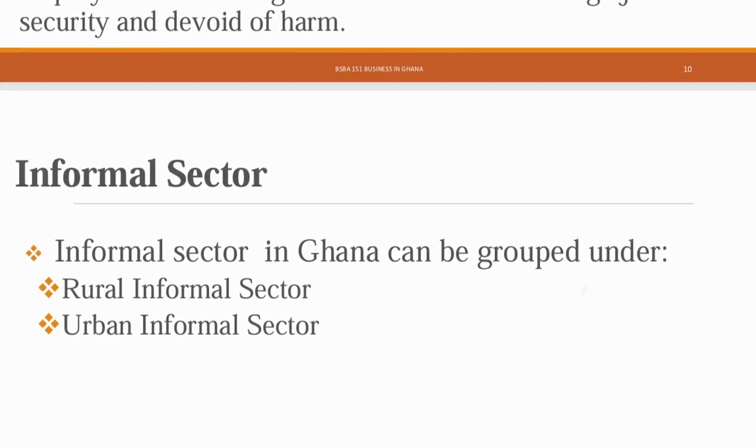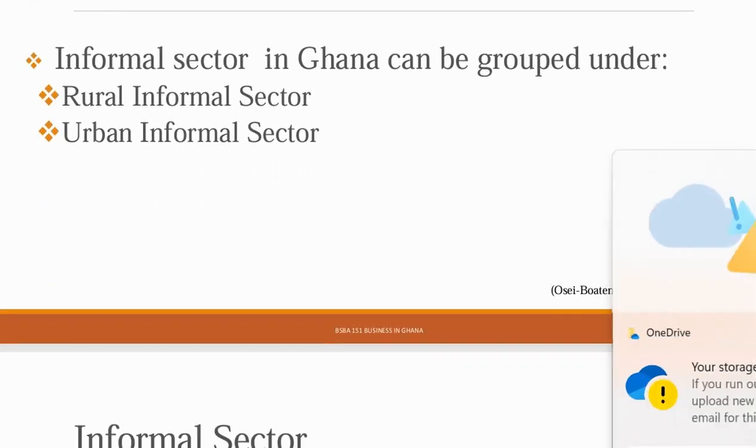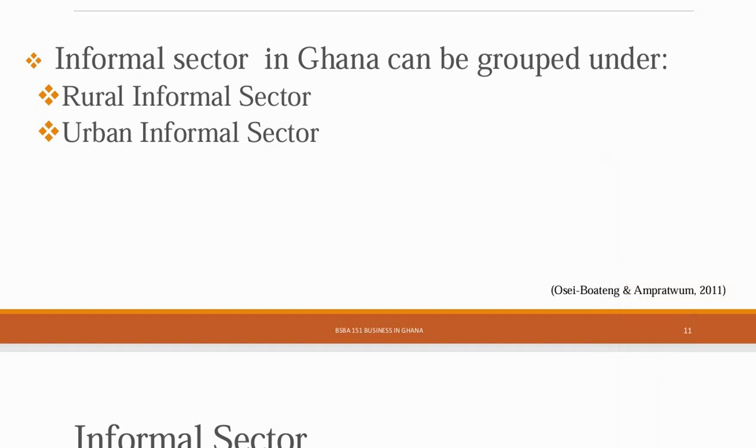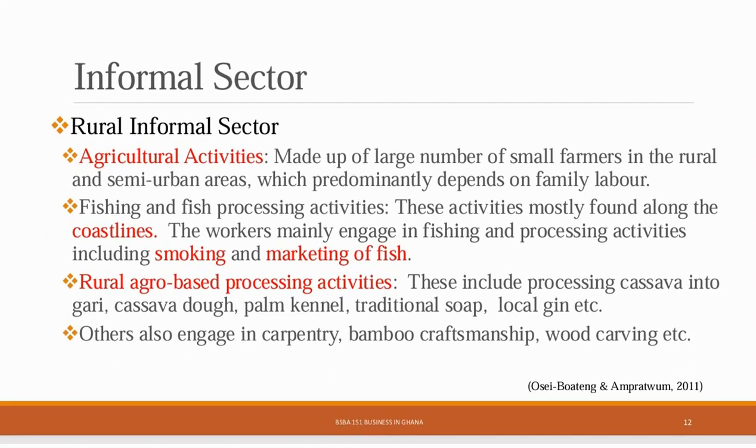Okay, yes. And so for the informal sector too, we are going to look at two forms or two classifications. One classification that we are going to look at is the rural informal sector and the urban informal sector. So when you hear the word rural, what are we talking about? Rural deals with those villages, typical villages and towns.